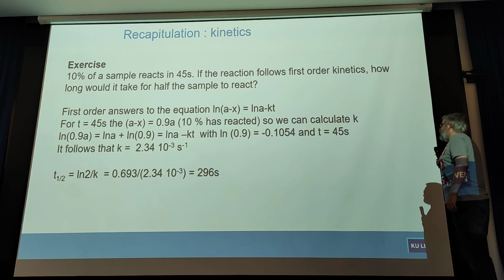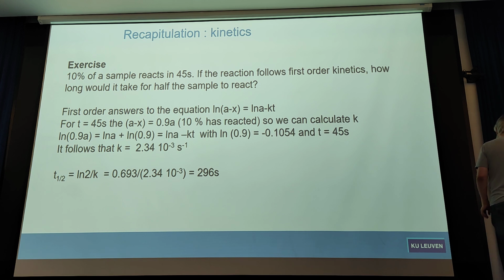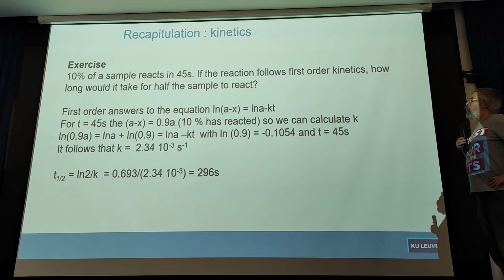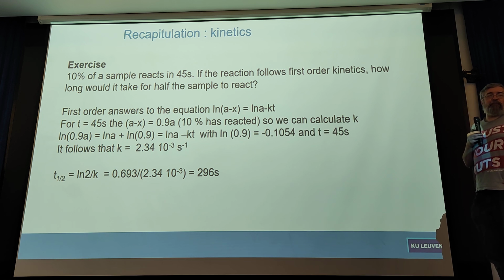This is another exercise, one that I think I didn't give to you, but you can just treat it in the class. So this is about a sample reacting. After 45 seconds, we actually have 90% left, so that means 10% has reacted.